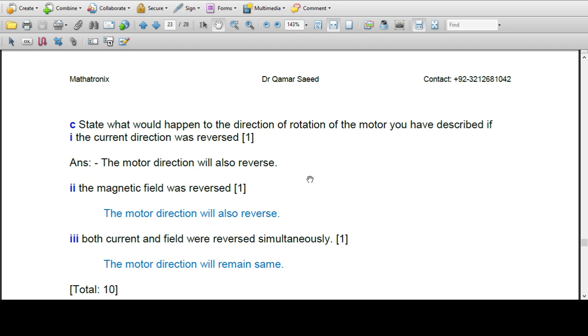So if only one of them is changed, the motor direction will change. If both current and fields are changed simultaneously, the direction of the motion will remain the same.